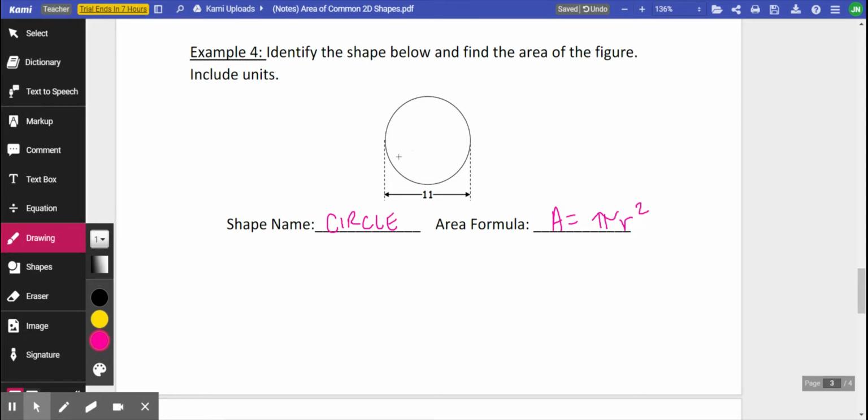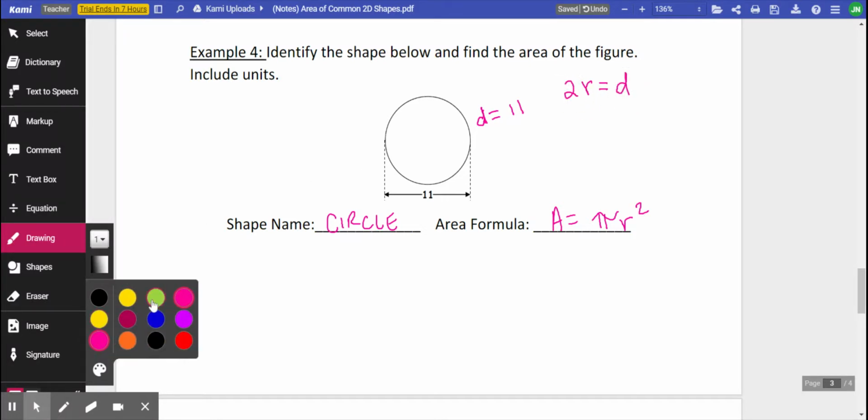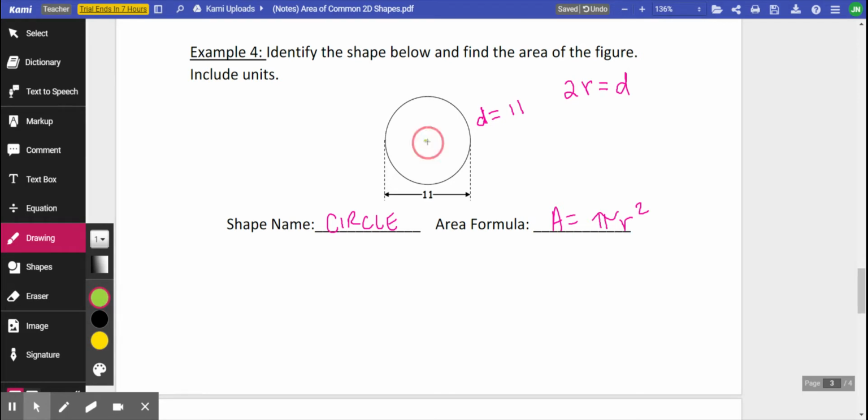So if you notice, they don't give us a radius here. What this actually is, this 11 is a diameter. So the diameter, or D, is equal to 11. If you remember, 2 times the radius is equal to the diameter, or I should say this a different way. From the middle to the edge is the radius, right?